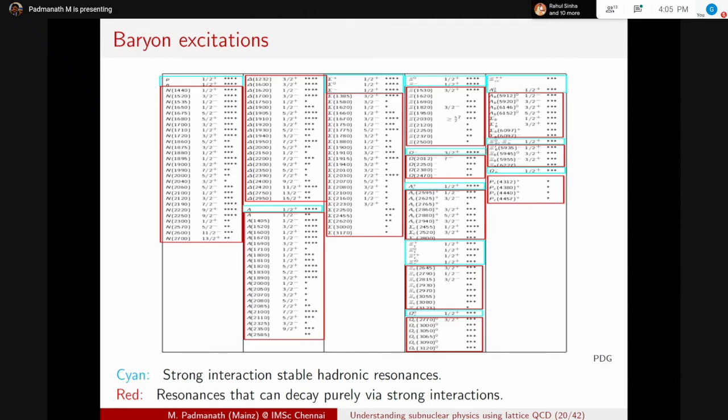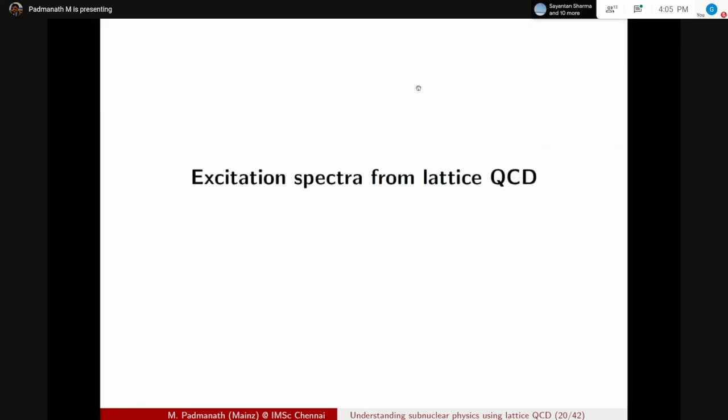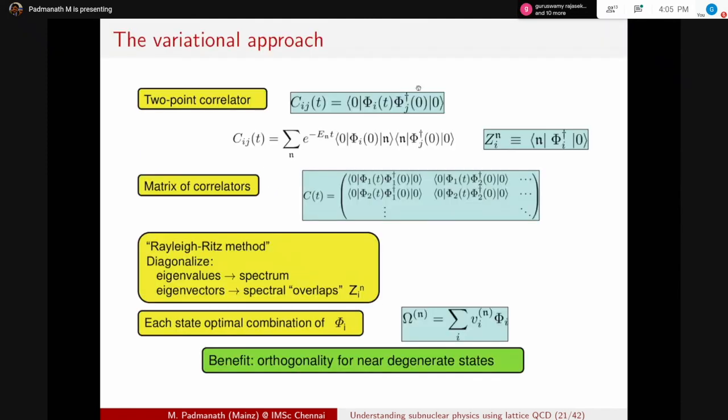The scenario is not different for baryons as well. Here again, for baryons, I summarize the situation. You can see there are a few levels enclosed inside the cyan rectangles, while the vast majority are inside the red rectangles. Now, if this is the case, the question is, can we really get excitation spectra from lattice QCD? Yes, we can do it. The methodology is pretty straightforward.